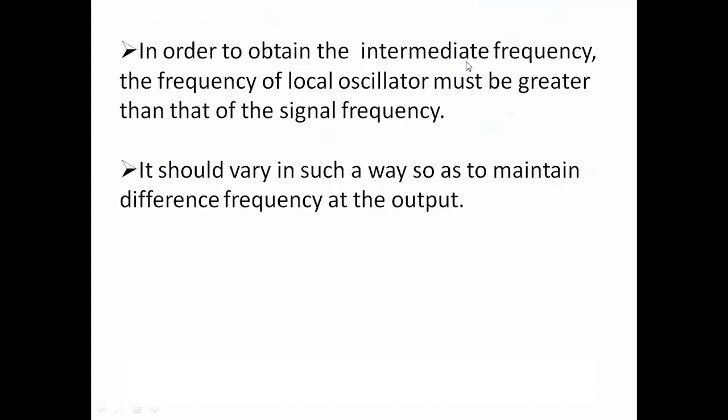To obtain the intermediate frequency, the frequency of the local oscillator must be greater than the input signal frequency, and it should be varied to maintain the difference frequency at the output. So we can vary the local oscillator frequency.